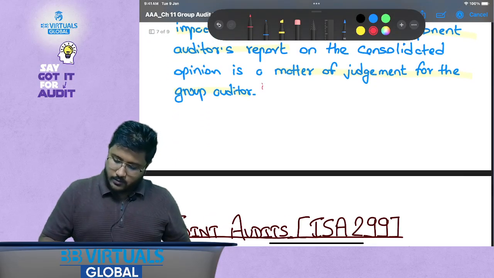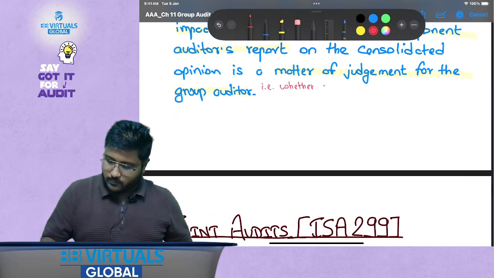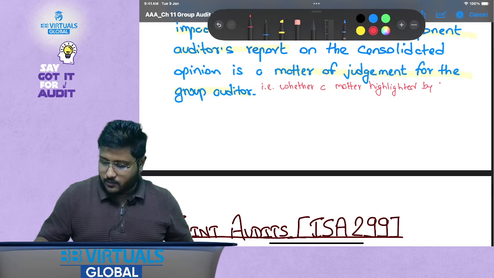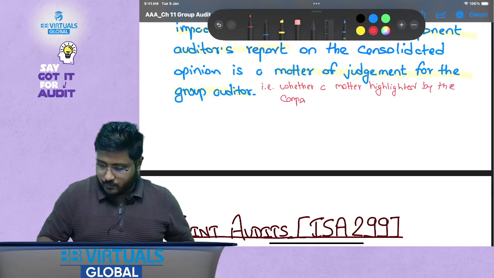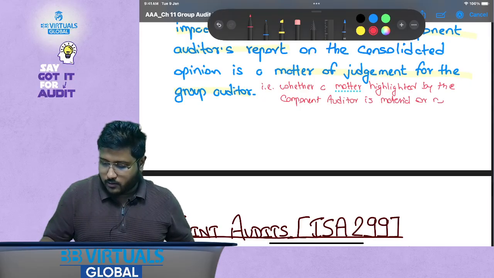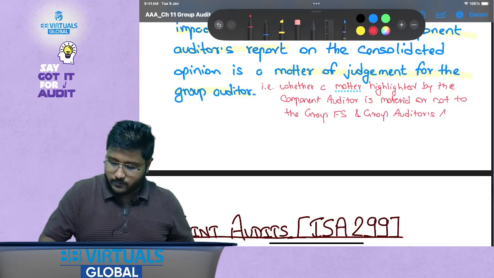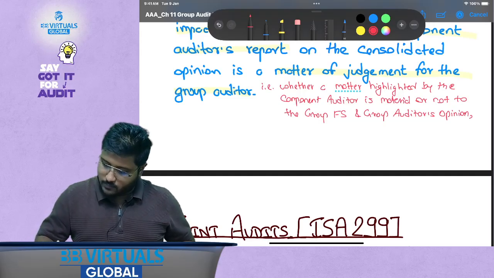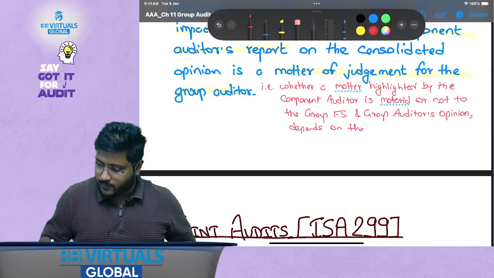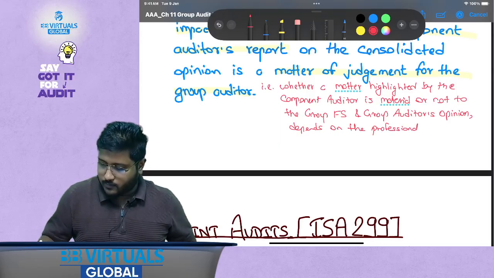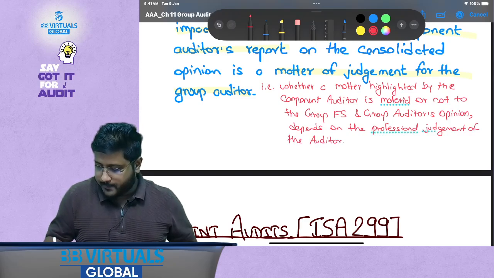That is, whether the matter highlighted by the component auditor is material or not to the group FS and group auditor's opinion depends on the professional judgment of the auditor. I hope this is clear.